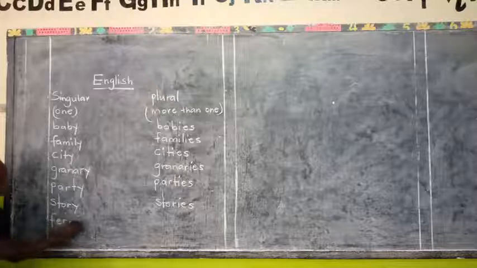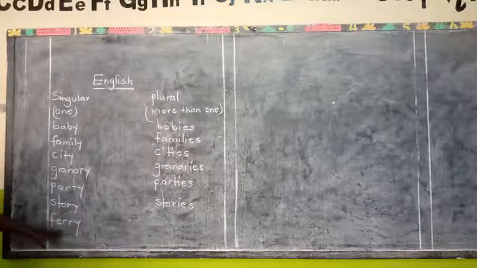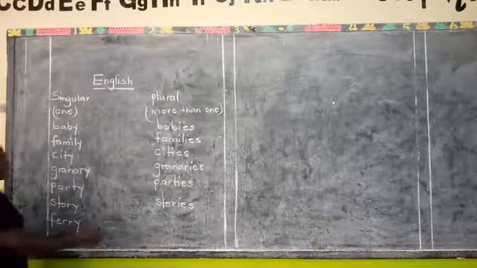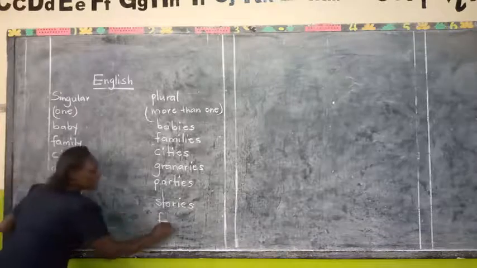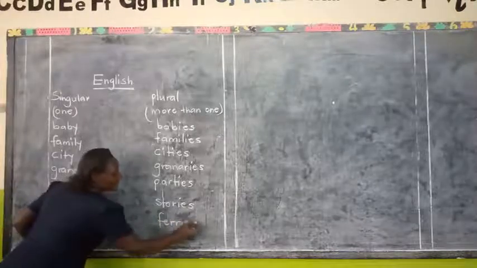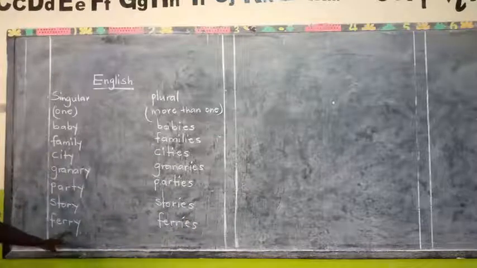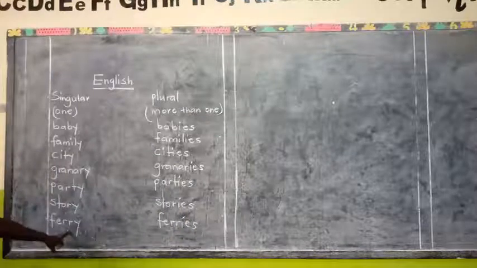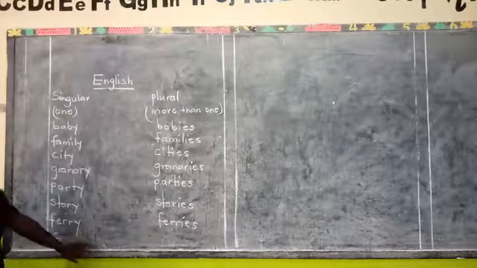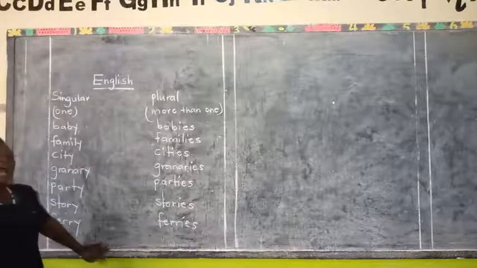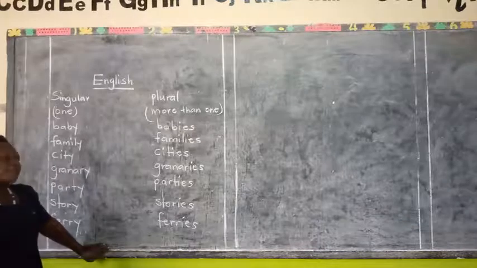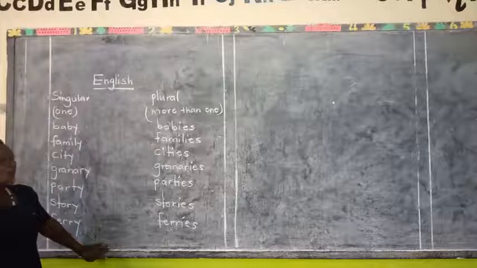Ferry, that one which sails on water. What about when they are more than one? We call them ferries. Those are some of the nouns, and many others, that end with the letter Y. And when we are changing them from singular to plural form, we add IES.